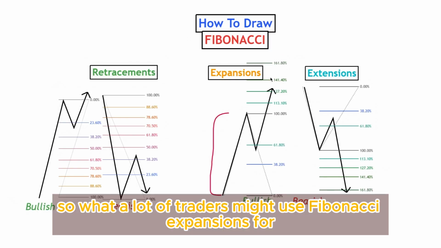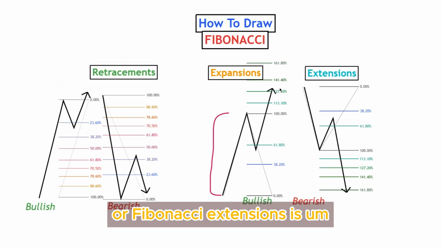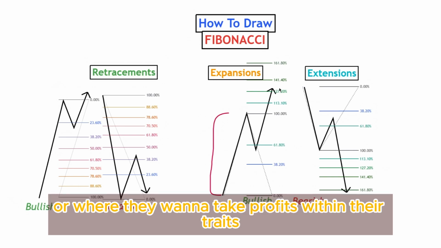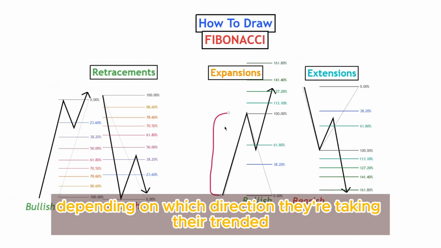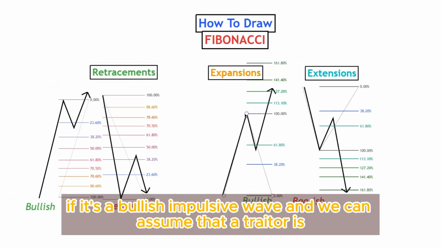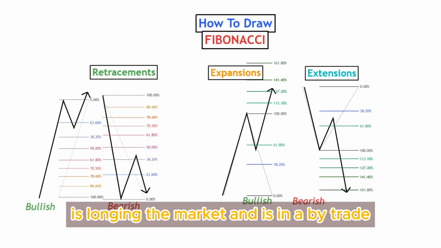So what a lot of traders might use Fibonacci expansions for, or Fibonacci extensions, is they might use these levels as price targets, or where they want to take profits within their trades, depending on which direction they're taking their trade in. So in this example, if it's a bullish impulsive wave, we can assume that a trader is longing the market and is in a buy trade.